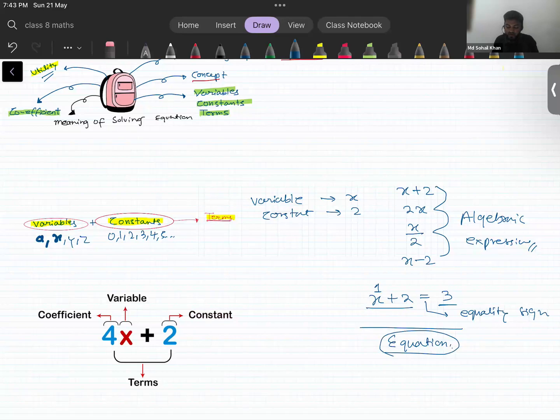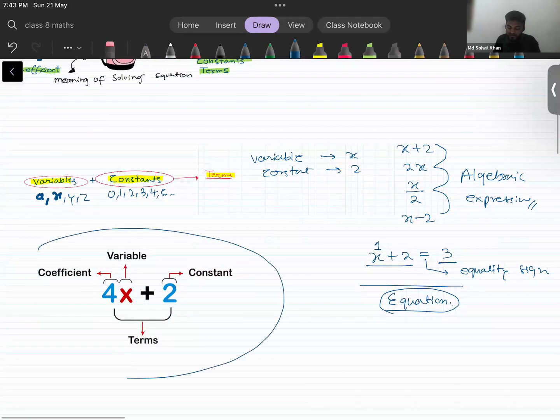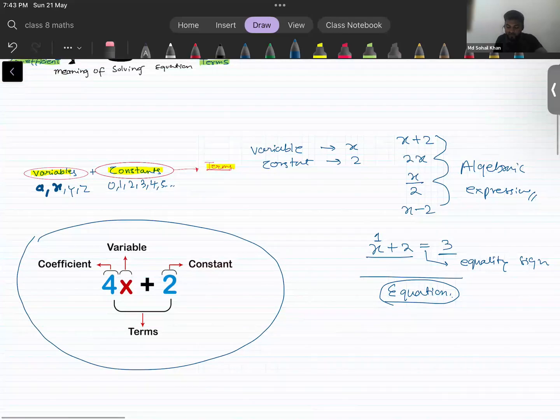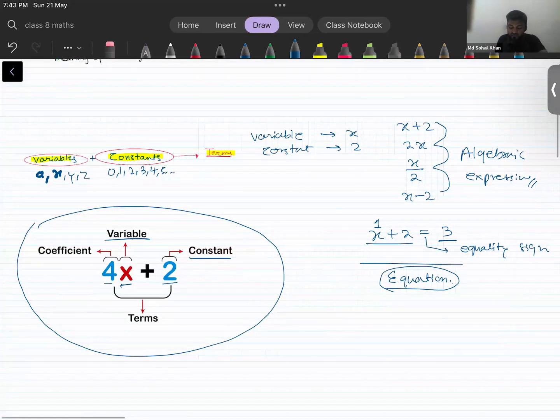Now observe this figure here. Here x is the variable. We have a constant value, that is 2. 4 is also a constant here. But since 4 is written together with the variable, it is in multiplication with the variable, so it is called a coefficient.